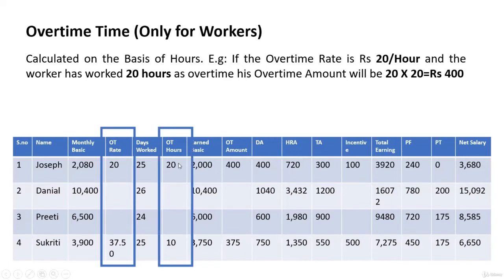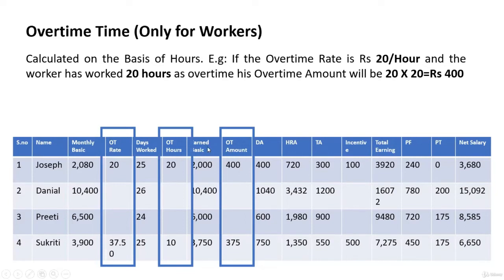So how much have they worked for overtime? Joseph worked for 20 hours besides their basic hours of employment, and Sukriti provided 10 hours of extra employment services to the factory or to the company. So on the basis of their overtime rate and the overtime hours they worked, we have calculated their overtime extra amount earned.